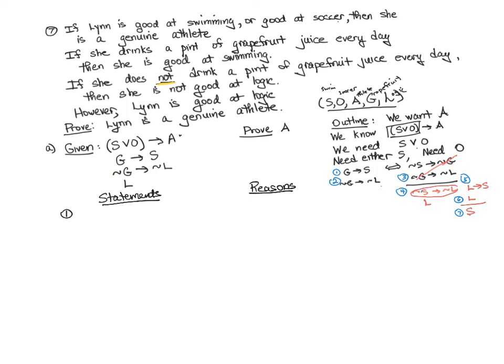So let's do it. So we'll say if G then S, given, and if not G then not L, which is also given. Then we took the contrapositive of the first one: if not S then not G, law of contrapositive, on step 1.